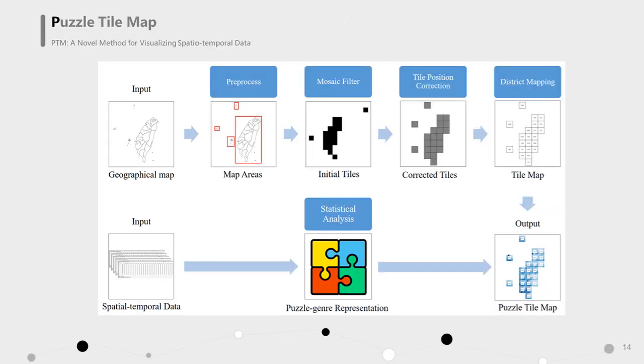This is the flowchart for generating the puzzle tile map. The upper part of the chart is the process that inputs the continuous map data to generate a map. The lower part is to input the data that need to be visualized to generate a puzzle. We can combine the above two steps to get the final result.